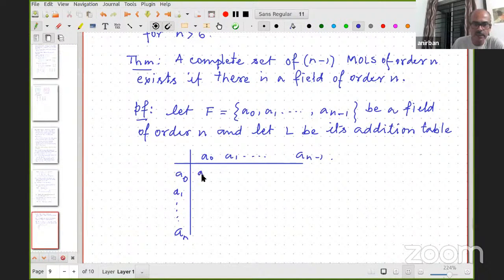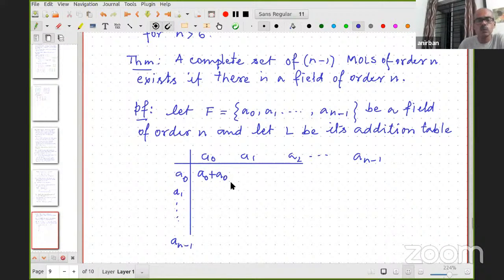So this element is a0 plus a0, which you can write as 2a0, and this is a0 plus a1.